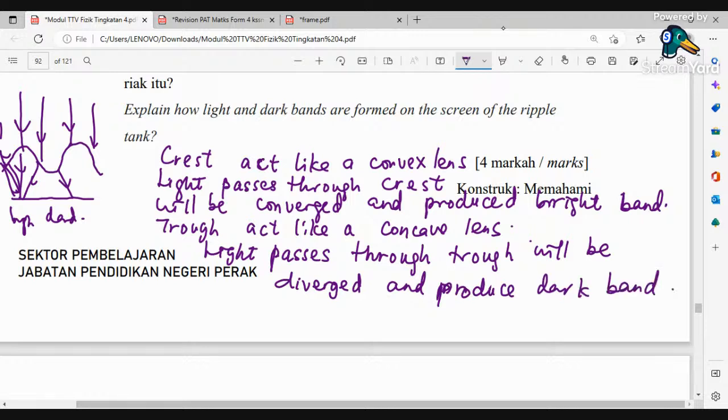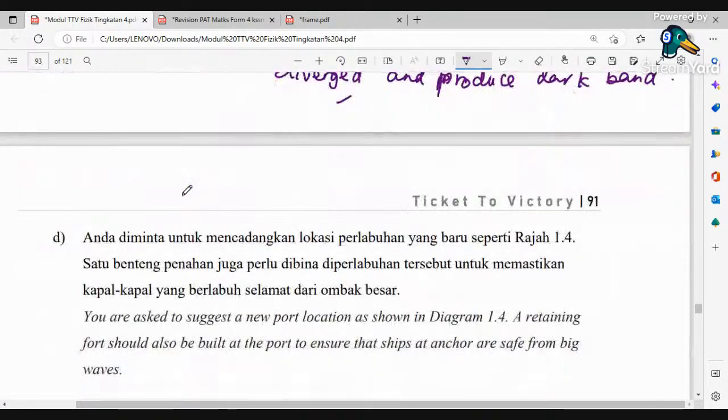Okay. So we have 4 marks. So first you explain the crest acts like convex, light converges, produces bright, and then trough like concave, diverge. Okay, so 4 marks for this question. Okay, you can also draw if you want.